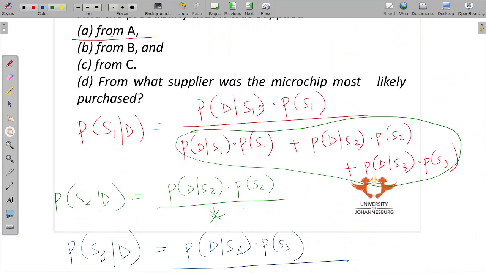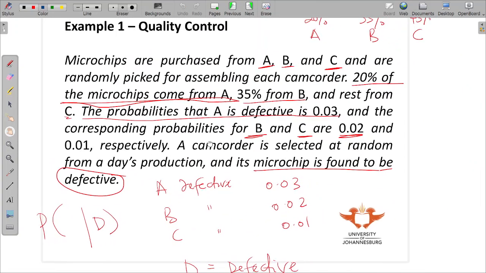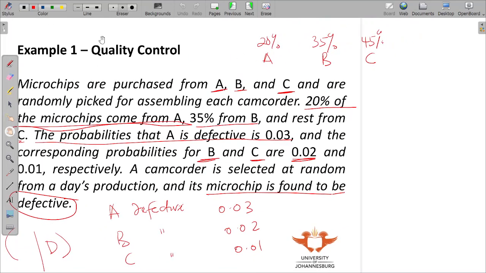So we are going to put the values now. If you look at the question again, the probability from A, which is S1, is given as 20%, which is 0.2.